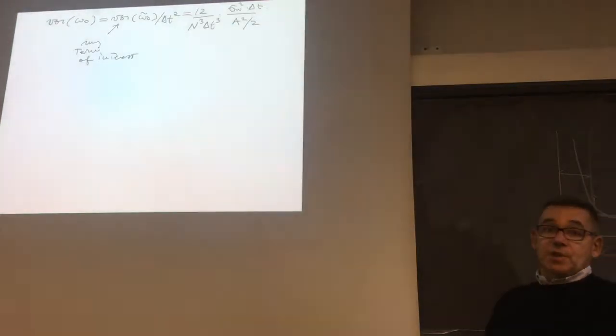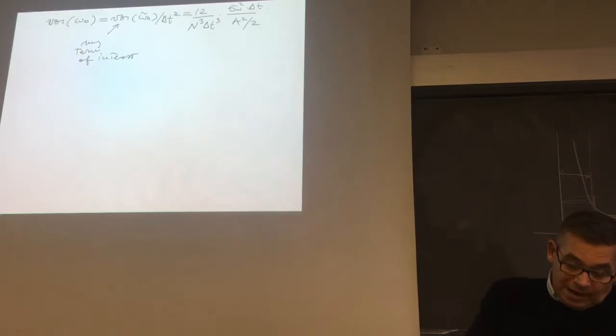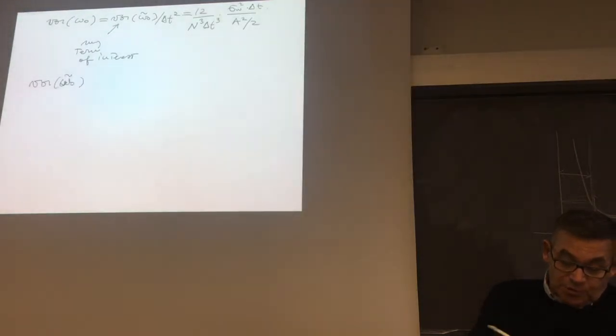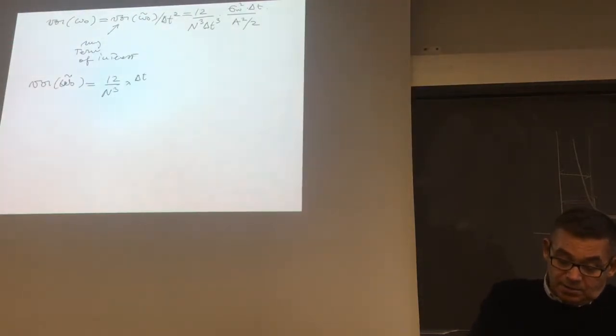Then all is finished because I have everything. So the variance of omega 0 tilde, for the discrete case, is equal to 12 divided by n cubed, then delta t squared divided by delta t cubed multiplied by sigma squared w times delta t divided by a squared divided by 2.